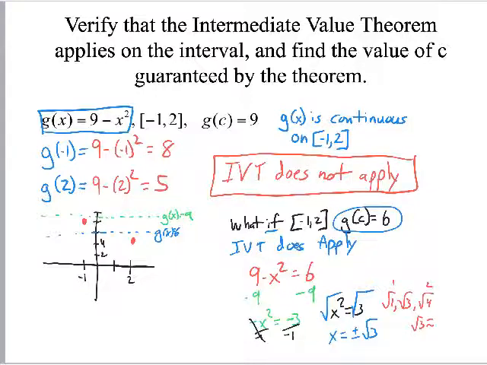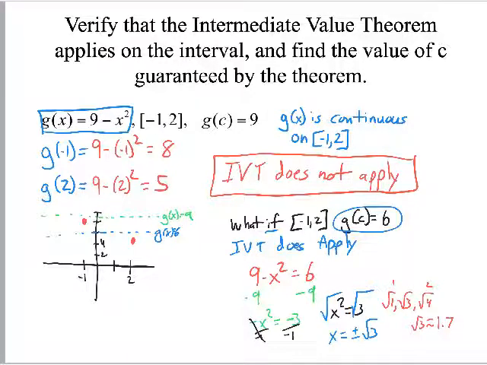Isn't that closer to 2? Isn't that probably something like 1.7? I don't know. All right, so I have basically plus or minus 1.7. Well, 1.7 is right there, but negative 1.7 is out here. That's out of the interval. So really the only answer I want is this one right here, which is the positive square root of 3.